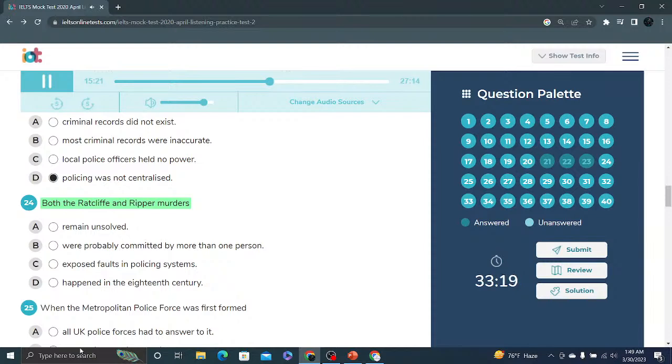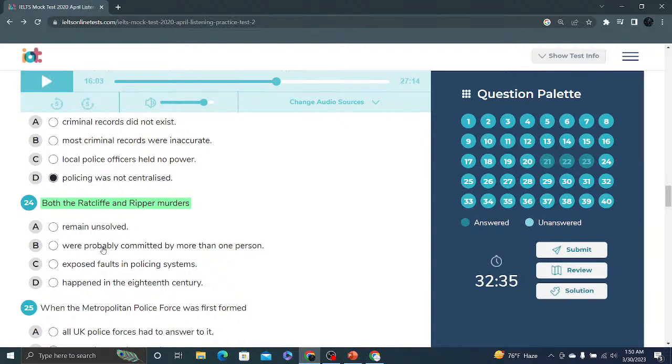Even then, some areas outside and even within the Metropolitan Police District remained beyond the jurisdiction of the Metropolitan Police Force. Were the Ratcliffe murders a bit of a wake-up call, then, to the crime-fighting forces of the time? More than that, they acted as a catalyst in the formation of the Metropolitan Police. The public, too, played no small part in bringing about the much-needed shake-up in the policing systems of the era. So the Metropolitan Force was founded over half a century before the infamous Jack the Ripper murders. Yes. However, in spite of the force's best efforts, the Ripper remained at large. Many suspects were put forward, though.